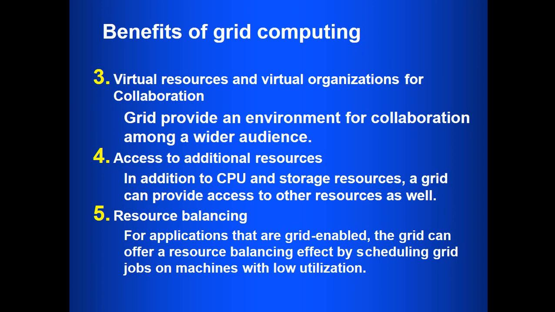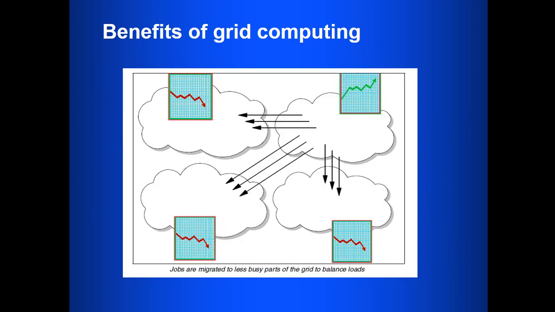For applications that are grid enabled, the grid can offer a resource balancing effect by scheduling grid jobs on machines with low utilization, as illustrated in this figure. In the figure, we can see 4 parts.